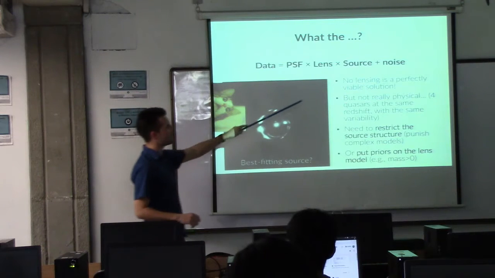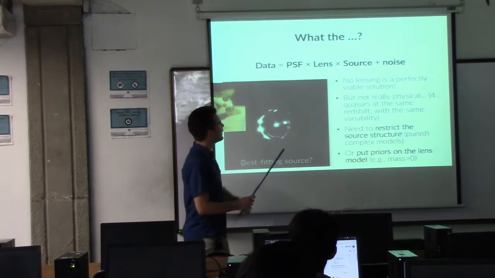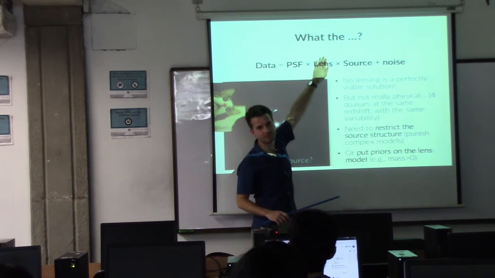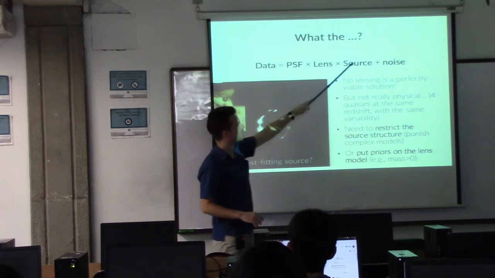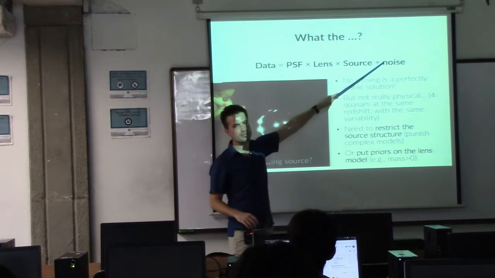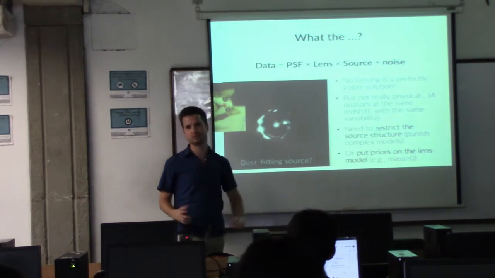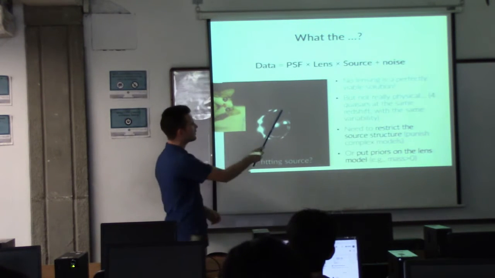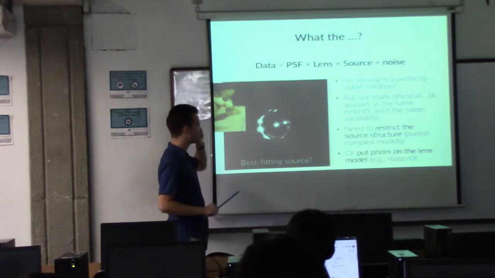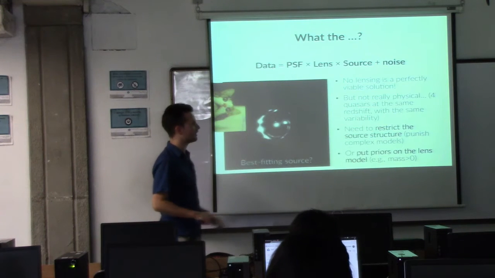The problem here is that for this equation, if you remove the lensing, it's a perfectly fine solution. Because then you have some source, very complicated, you just smear it by the PSF, you add noise onto that, it matches the data perfectly, and there is no lens to deal with. So that's why a source like this is a fake RXJ1131 source, there is no lensing, we just observe it with the HST, it looks like this.